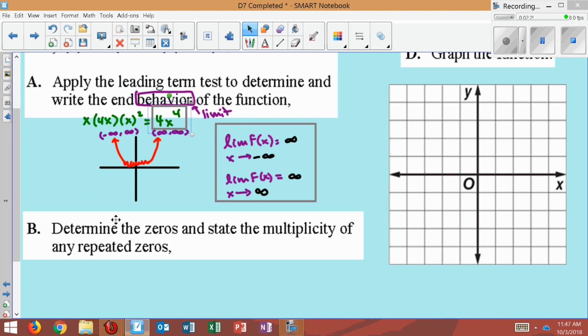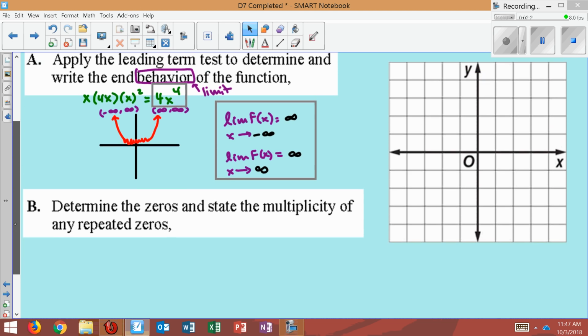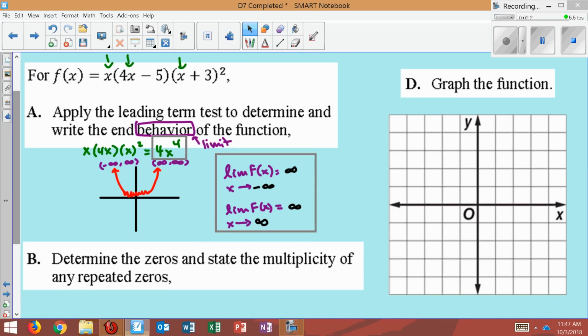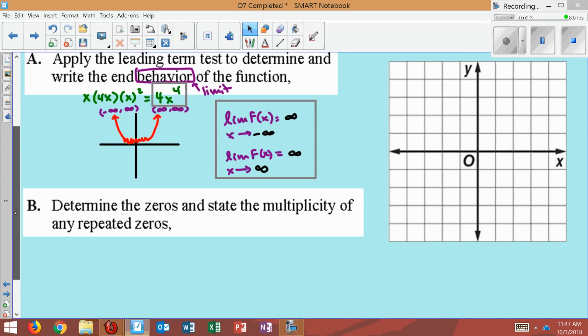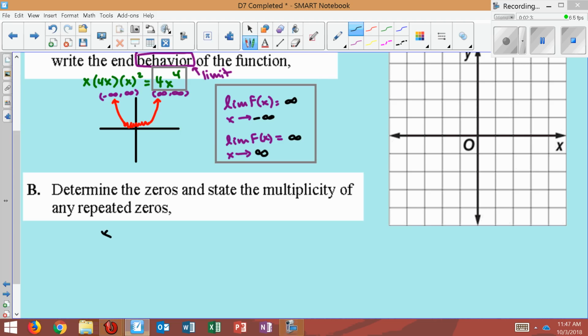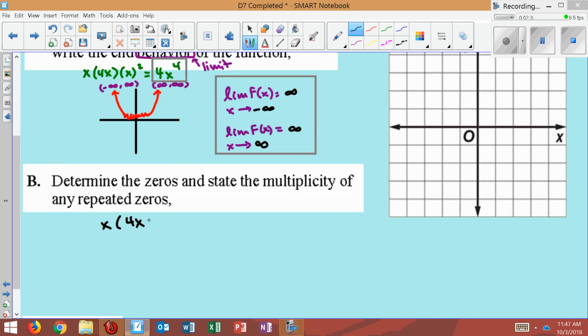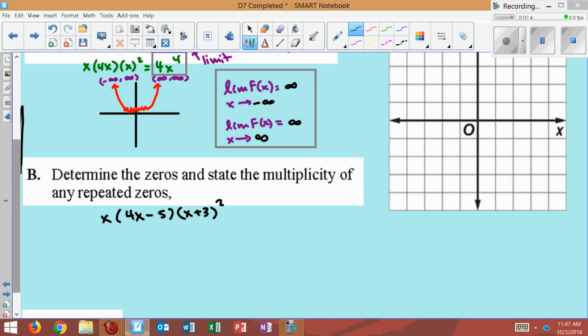Okay, part B. It says determine the zeros and state the multiplicity of any zeros. So given this function, we can state the zeros really quickly. What was it? 4x minus 5 and x plus 3 squared. Did I get that right? Okay, I did. This has zeros if you set x equals 0.